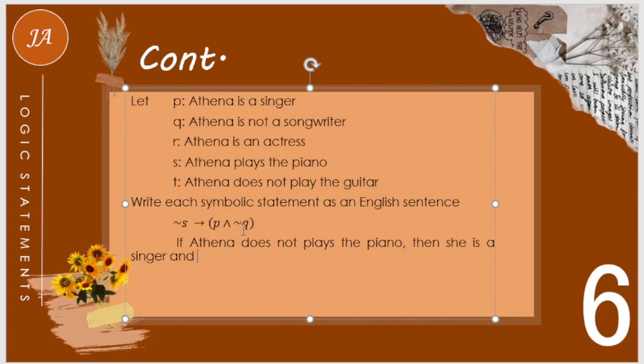Since it is a negation of Q, or not Q, therefore, the statement will be a songwriter. So, the statement for this symbolic form is if Athena does not play the piano, then she is a singer and a songwriter. All right?